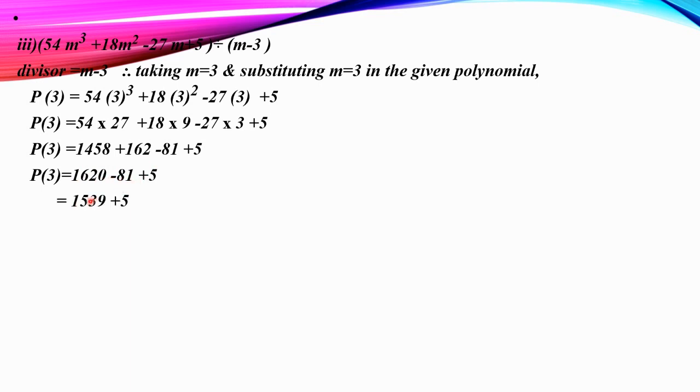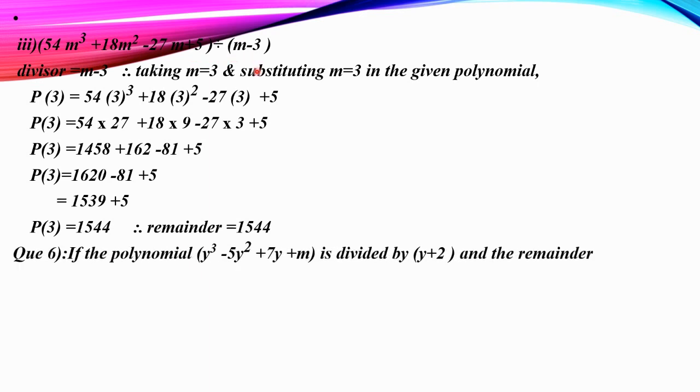We get the answer as 1539 plus 5. Therefore, P(3) is equal to 1544. Therefore, the remainder is 1544 when 54m cube plus 18m square minus 27m plus 5 is divided by m minus 3.